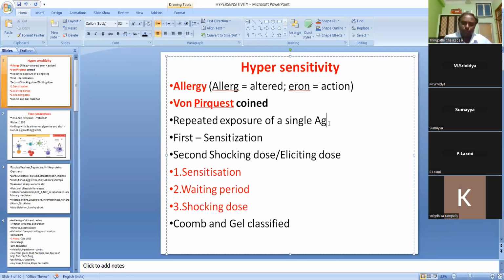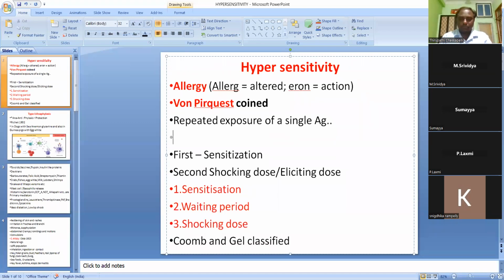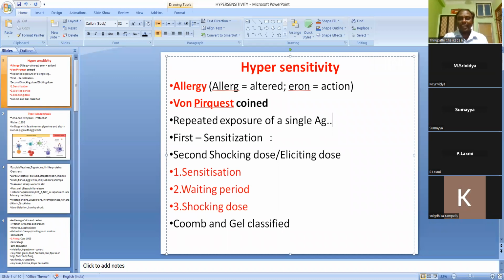If already sensitized cells are present, sometimes even one exposure is enough.